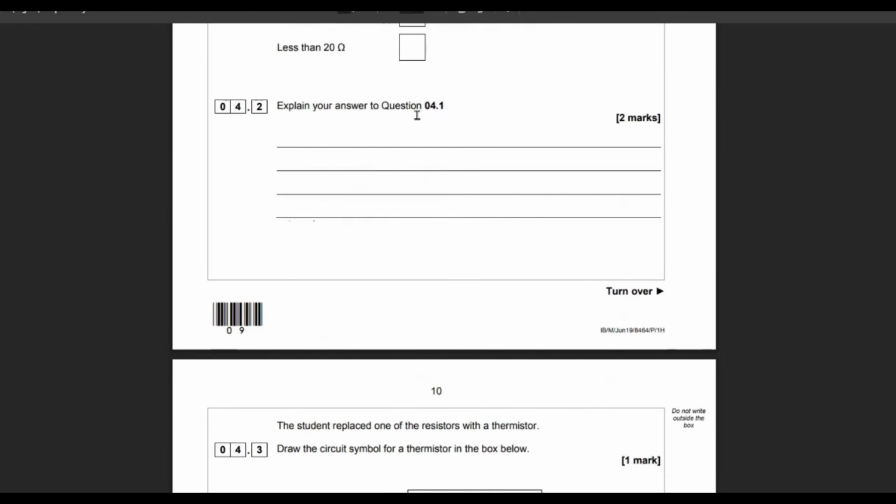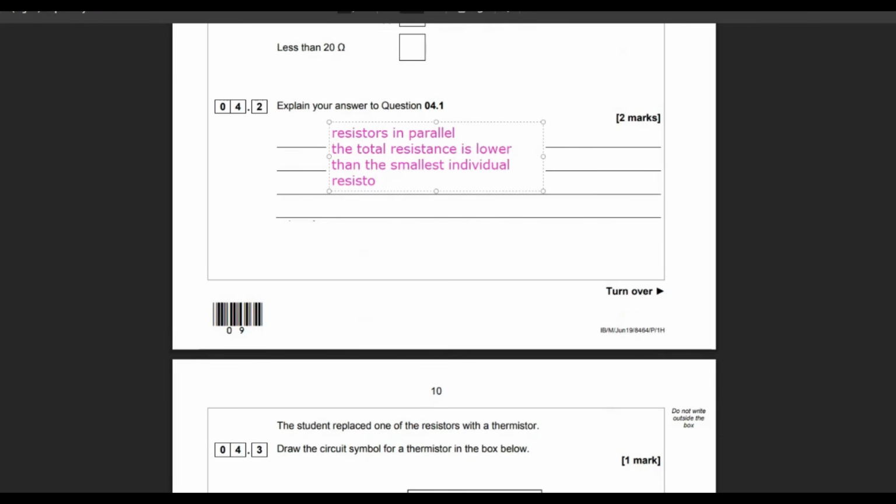Explain your answer to question 4.1. So now we just need to put our answer in, and our answer is going to be resistors in parallel. The total resistance is lower than the smallest individual resistor.